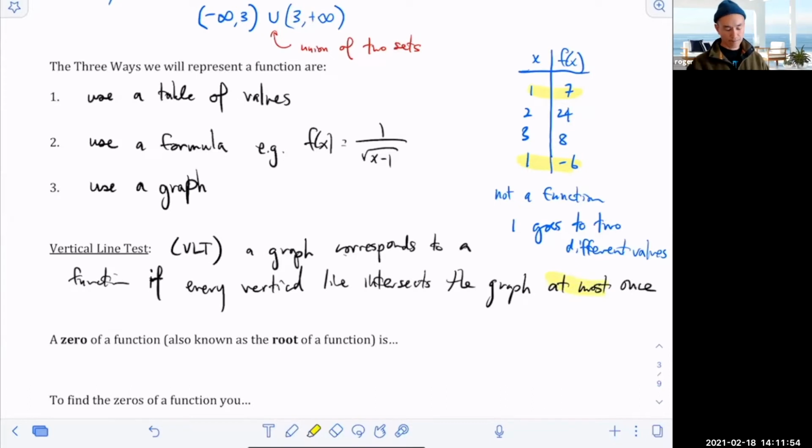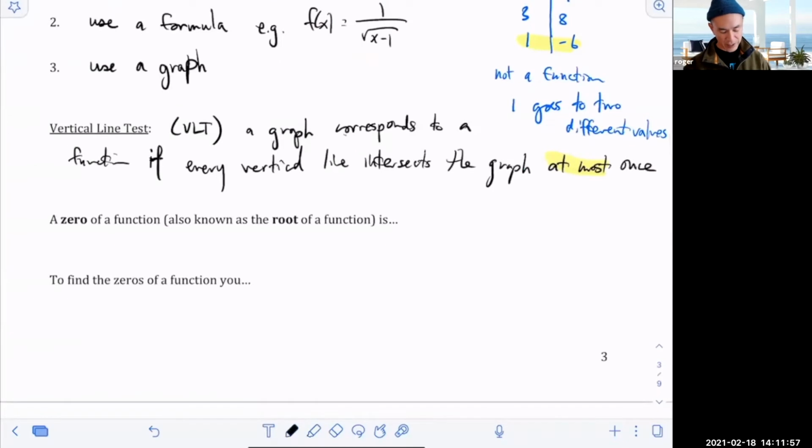I could just draw a picture to show you. If you have something that looks like this, sorry, that's ugly. And then we draw a graph that looks like this. This guy fails the vertical line test, right? So we draw a vertical line.